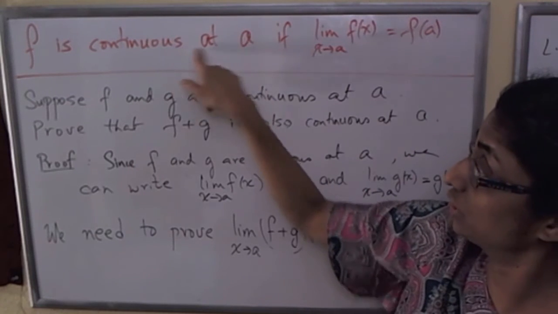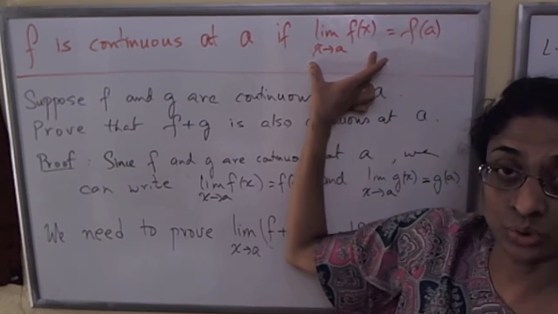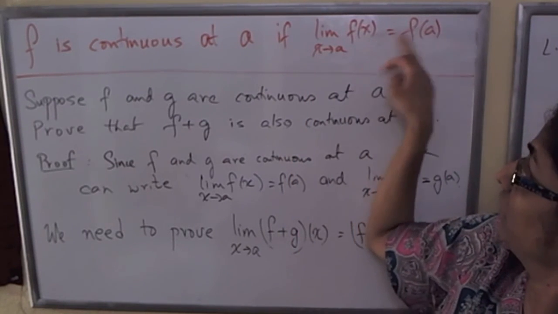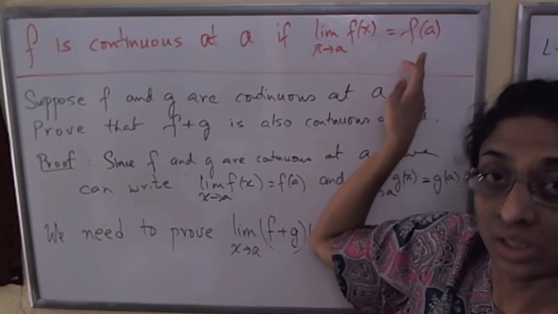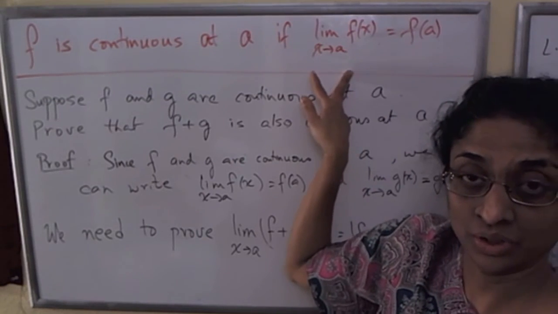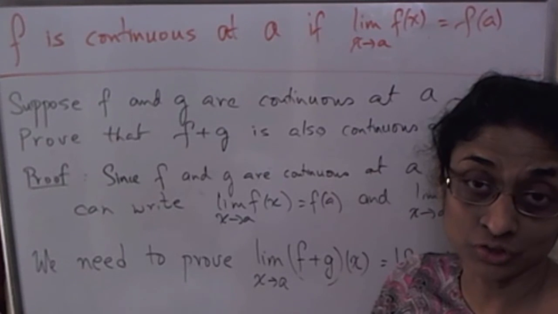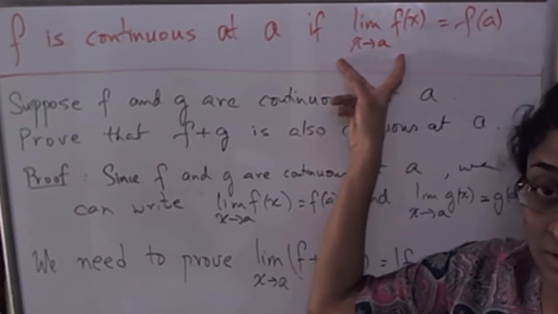So if you have a continuous function and you have to find a two-sided limit, it is simply substitution. You plug in a for x, compute f of a, and f of a is the two-sided limit. So that's one of the ways we are going to use our knowledge about continuous functions to find two-sided limits.